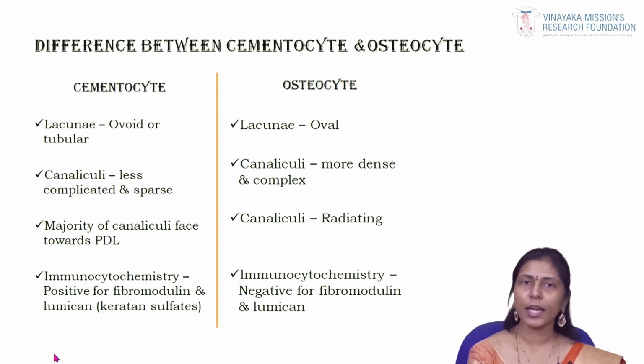In cementocytes, the majority of the canaliculi are oriented toward the periodontal ligament surface, whereas in bone, in osteocytes, the canaliculi are radiating. On immunocytochemistry, the cementocyte will be positive for fibromodulin and lumican, which is keratan sulfate, whereas it is negative for fibromodulin and lumican in the case of osteocytes.